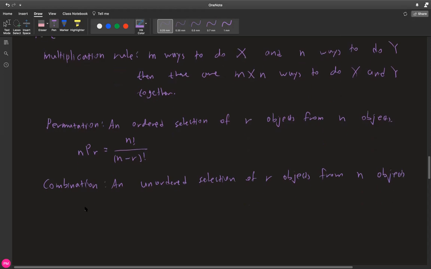And the formula goes like this: nCr, and that's n factorial over r factorial times n minus r factorial.